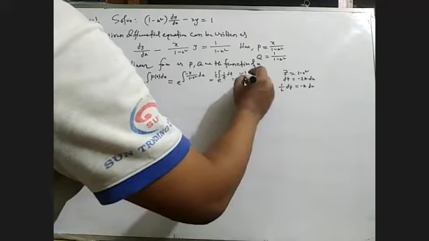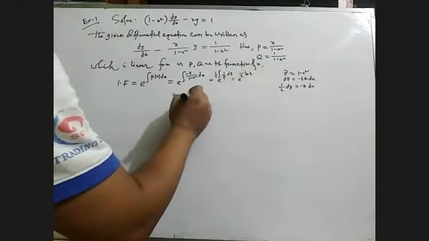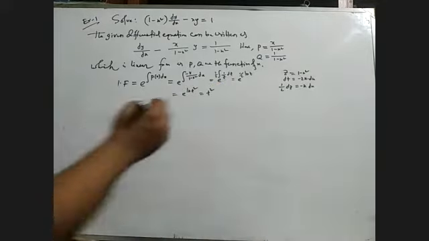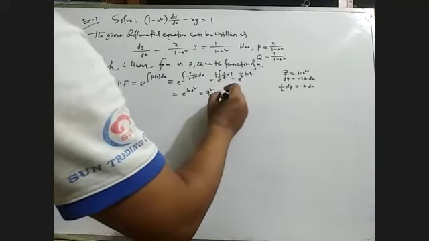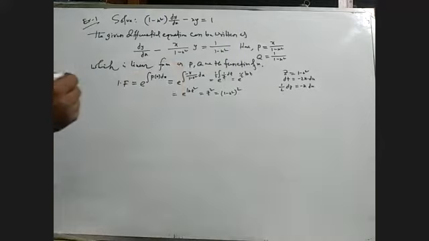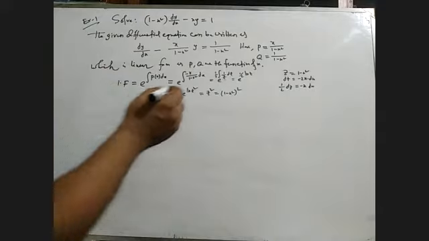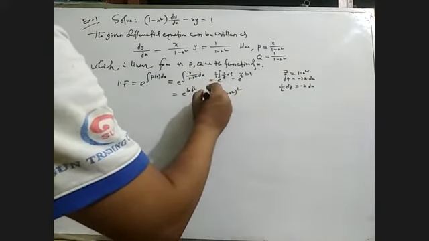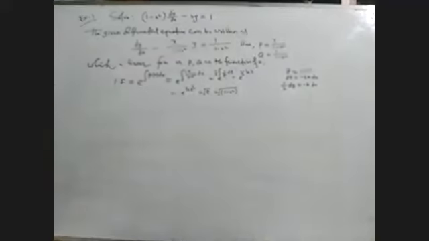So half becomes the power, and it will be z to the power half. Sorry, this will be not z square, this will be z to the power half, which means root over z. So the integrating factor will be root over 1 minus x square.